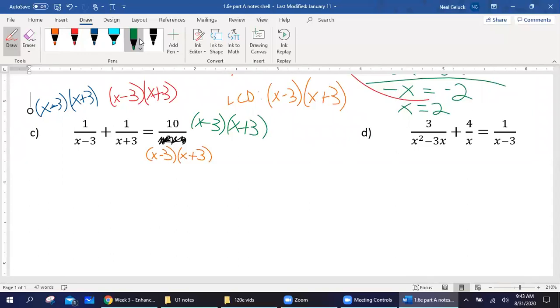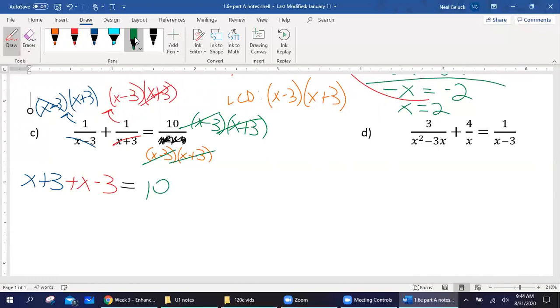Okay, so for the blue part, the x minus 3's would cancel, and I'd be left with 1 times x plus 3. So that's just going to be x plus 3. For the red stuff, x plus 3 cancels, so I'm left with 1 times x minus 3. That's just going to be plus x minus 3. And on the right side, both of them cancel, so I'm just left with 10.